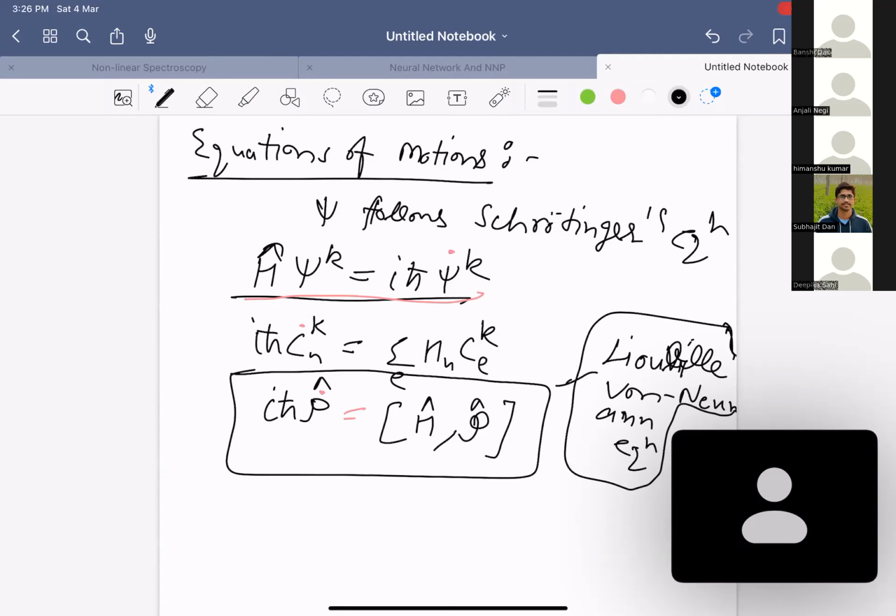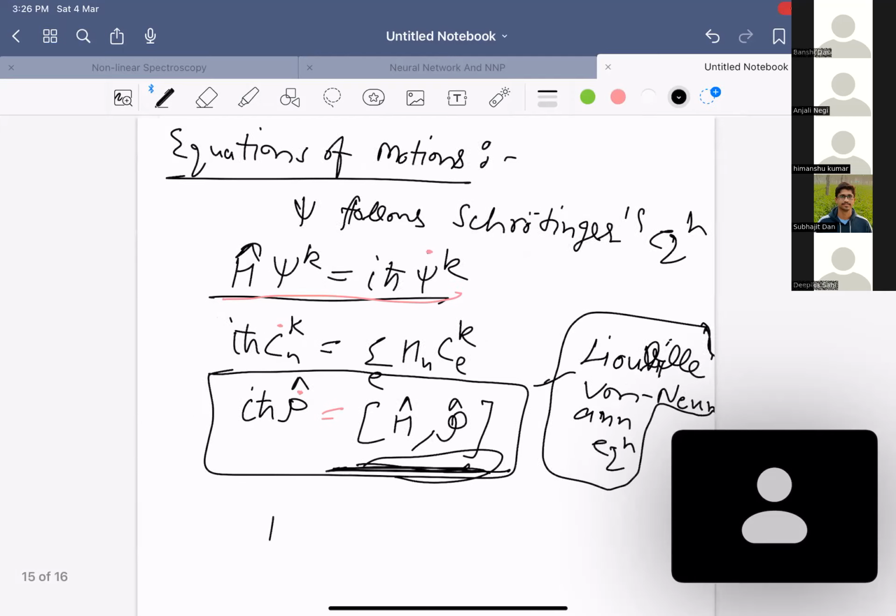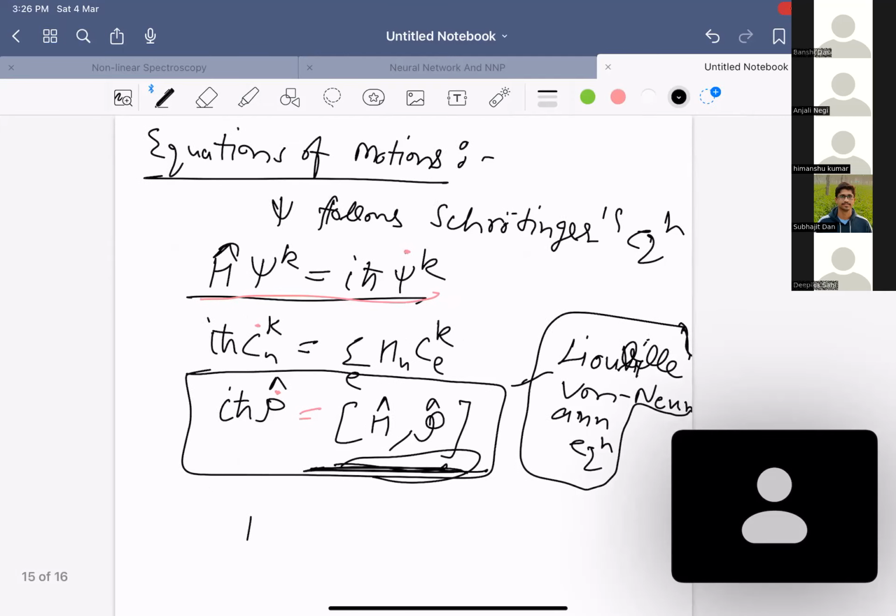So up to now, this can also be derived very simply by the psi thing. Till now we have been working in the Schrodinger representation.